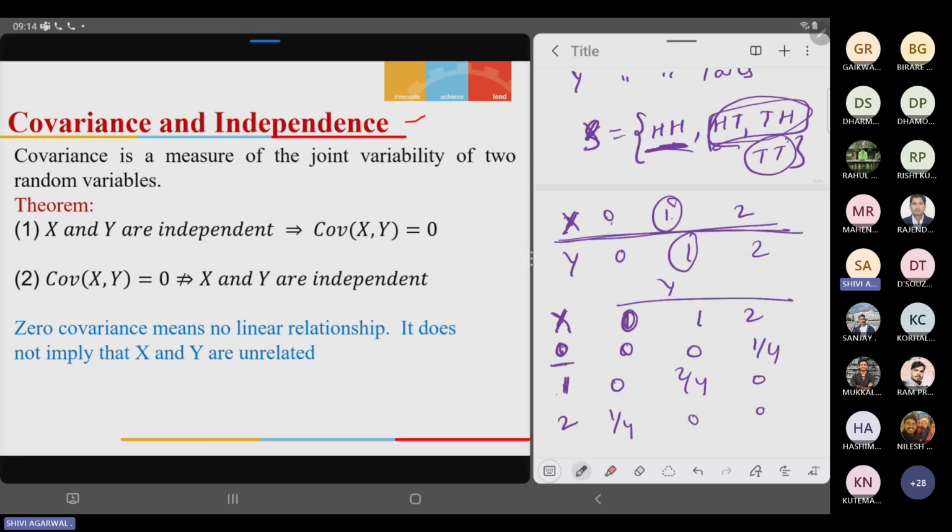Now covariance and independence. So covariance, as I told you, is the measure of joint variability of two random variables. Means what? If X is 0, X is 0 means there is no head. So what is the possibility?